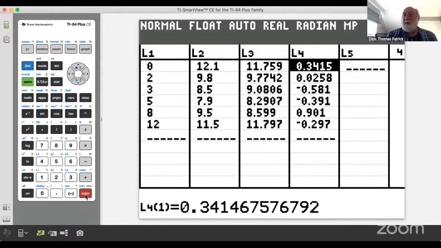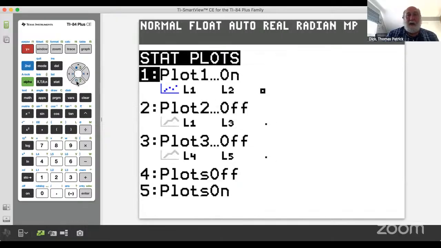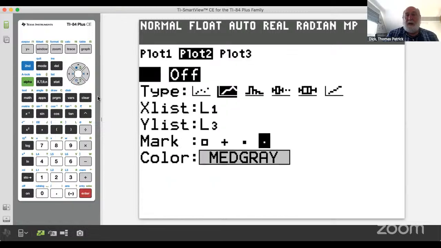There's our residuals. And we could plot those residuals just like Steve did. We'd be plotting L1 versus L4 to do that. So if we want a quick look at that, let's go to our stat plot. I'll go down to Plot 2, enter that, and turn that on.